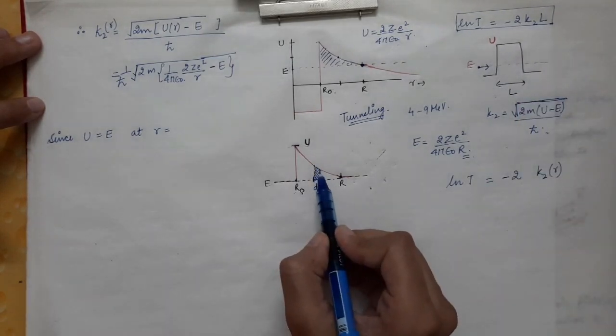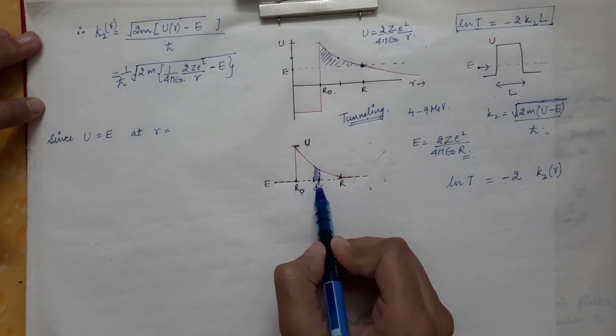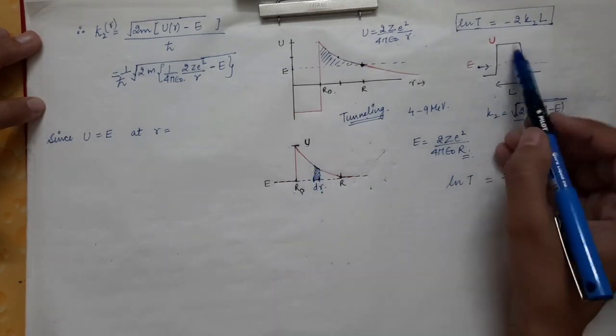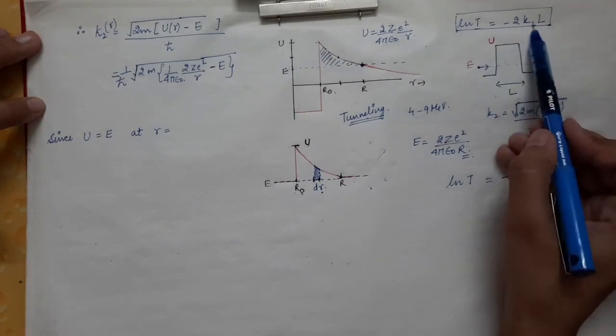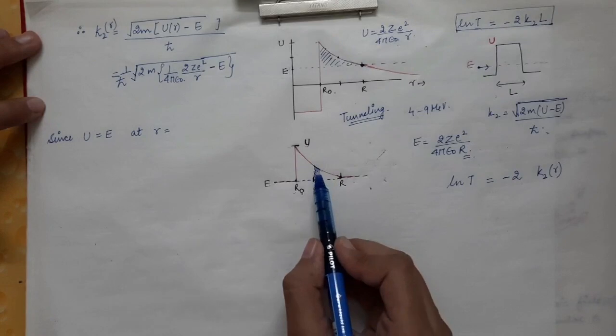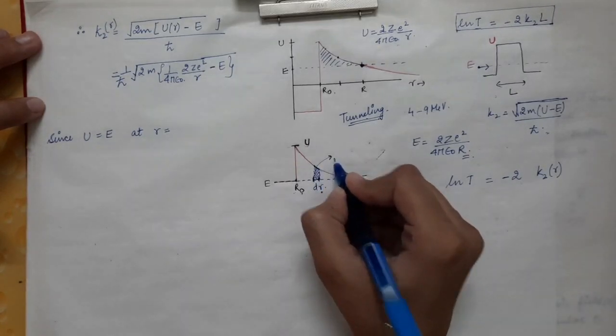This small patch is of such a small thickness that its height will be almost constant, and we can write this formula for the case of this small patch.